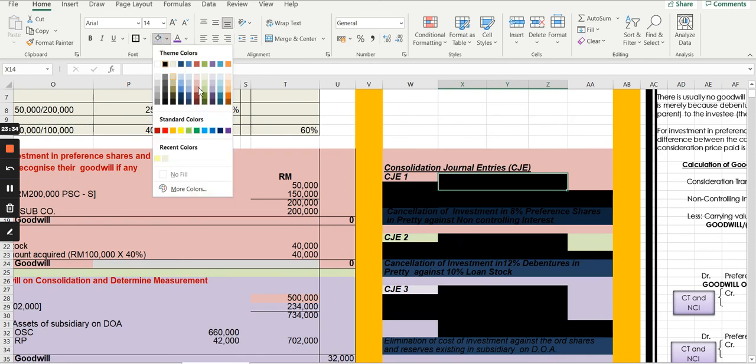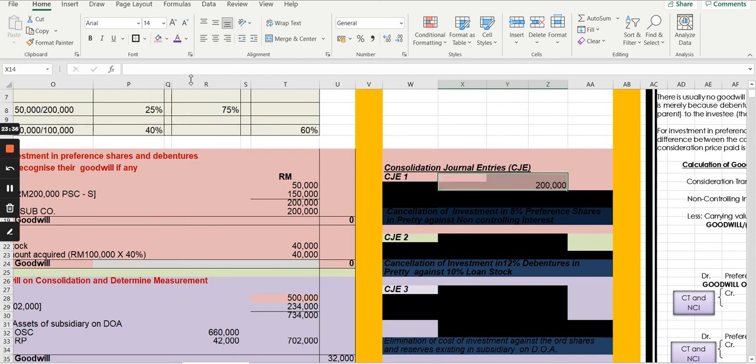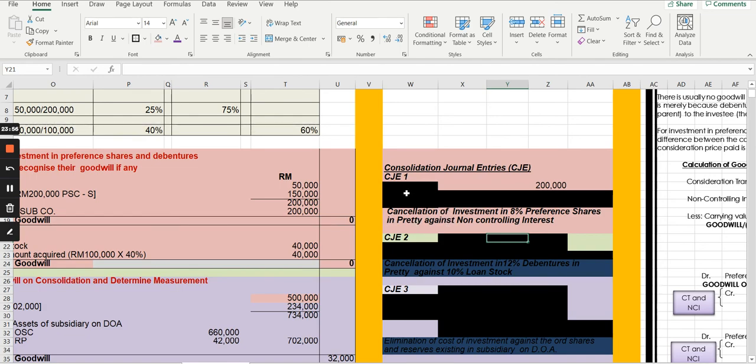For the acquisition of preference shares, you need to do consolidation entries where you cancel off the investment in 8% preference shares in Preti against the non-controlling interest. What is the journal entry? You can check your textbook, but I'm just applying it straight away. Debit the preference shares, 200,000, the carrying value of the preference shares.